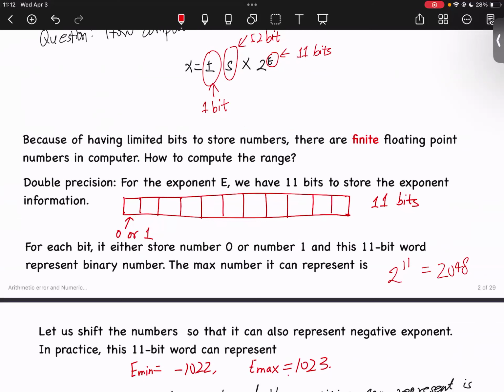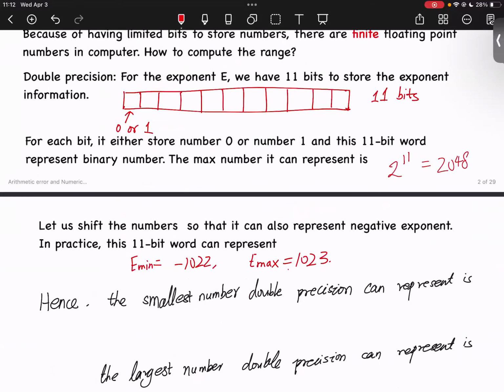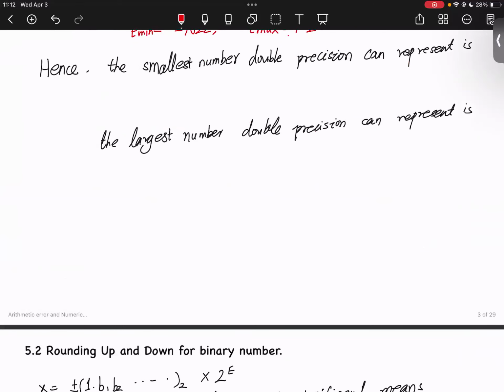Here we are talking about the range, but we mean the absolute value: the minimum of the absolute value and the maximum of the absolute value, because you can just change the sign to get the positive and negative, right? So let's see how to calculate the smallest number double precisions can represent.